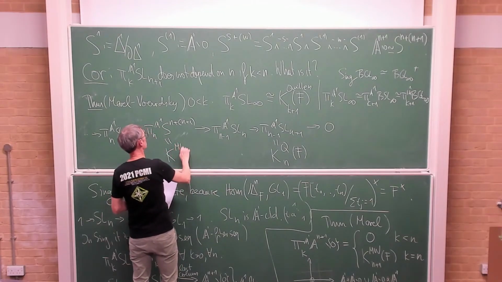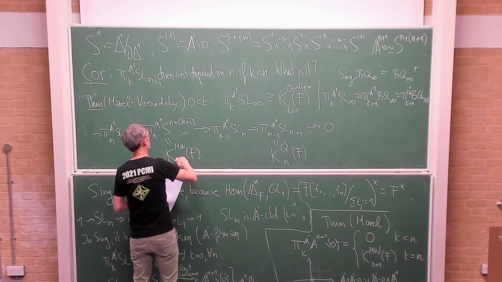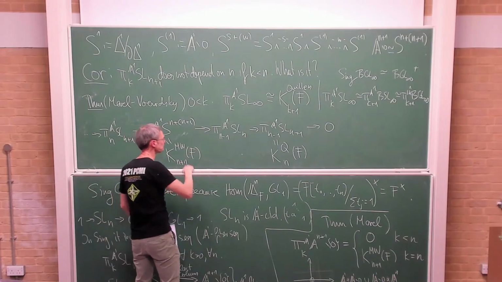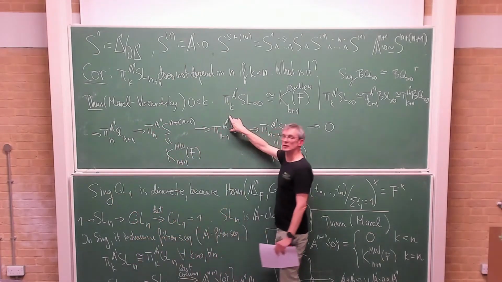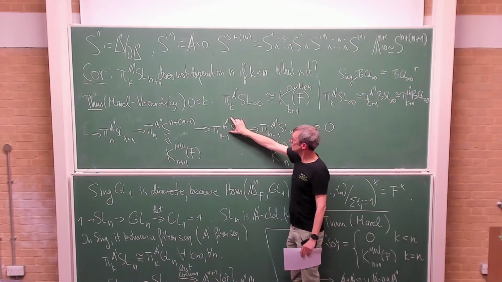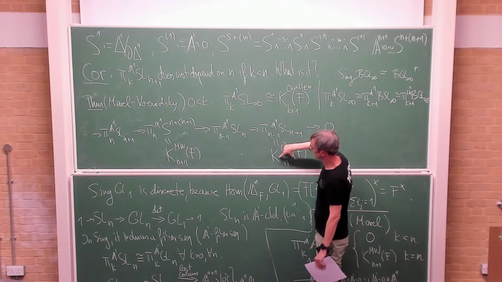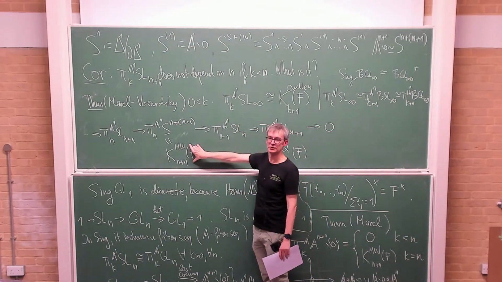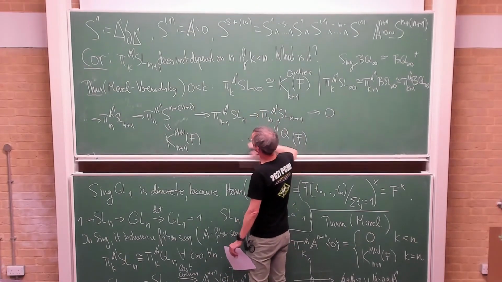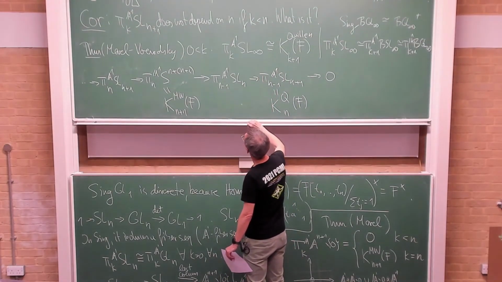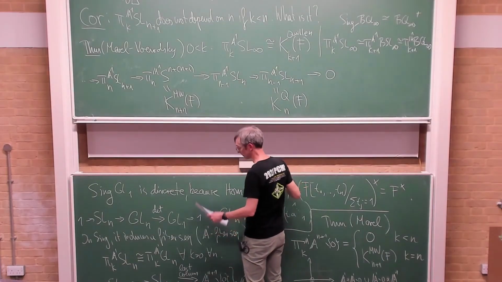This is the Milnor-Witt K-theory of F in degree n+1. So we should be able to describe this as an extension of this algebraic K group by a quotient of this here. And this would then be the first non-stable case.